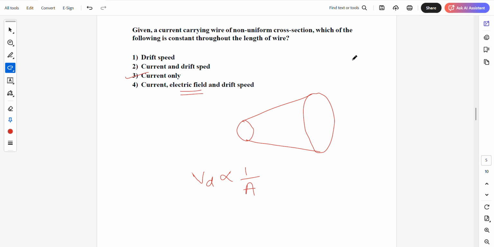J is equal to sigma into E, the microscopic form of Ohm's law. J is I by A, is equal to sigma times E, and E is inversely proportional to 1 by A. Therefore this is not constant, only current is constant, current always will remain constant. Hope you understood this.